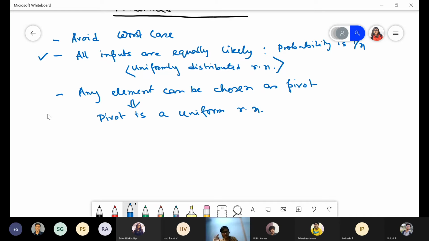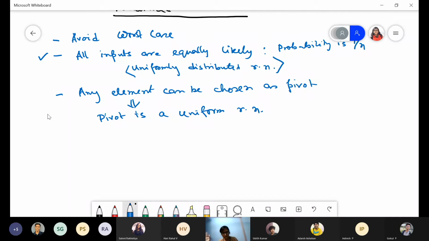And for all these cases together, if you analyze, you are going to get the average case of the quicksort analysis. And this is totally a complicated thing. You have to take every distribution, and for every distribution you have to consider every possible partitioning.